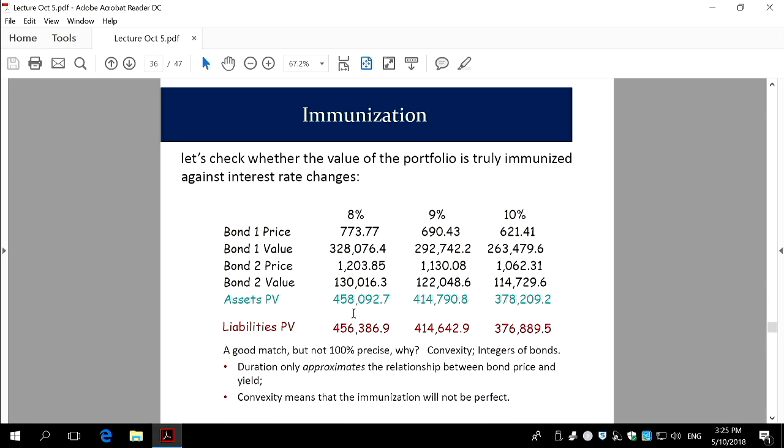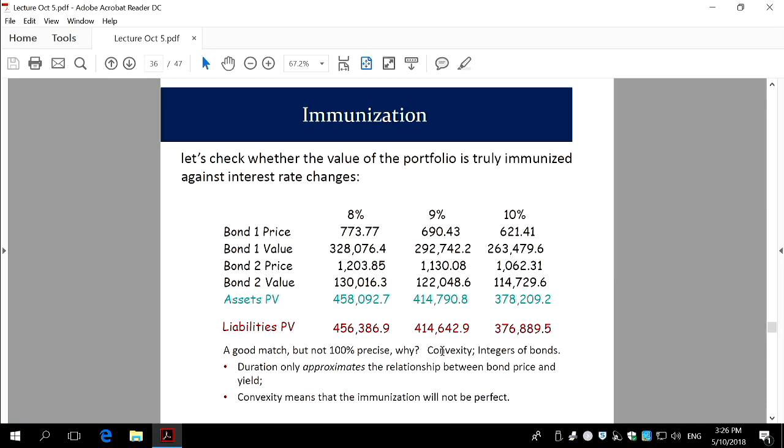But still, it is not 100% precise, right? Even if the present value of your liability and the present value of your asset are fairly close here, if the interest rate changes, the difference will go to here, maybe 1% different, or less than 1% difference. So it's a good match, but not 100% precise.